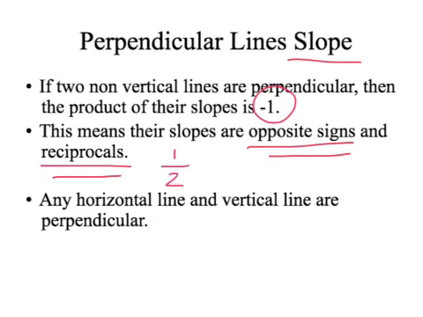If I flipped that, the other slope would be 2 over 1. Again, for them to have opposite signs, one slope would have to be positive, one would have to be negative. If this occurs, then you know that the lines are perpendicular. Any horizontal line and any vertical line are perpendicular to each other.